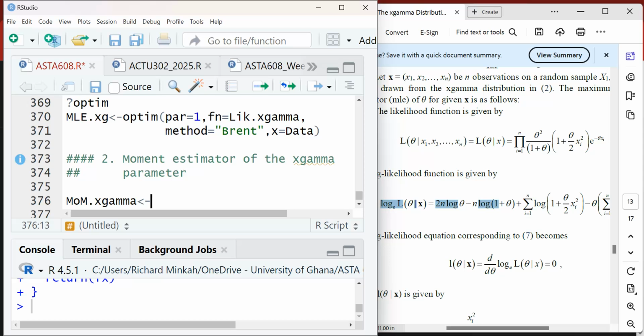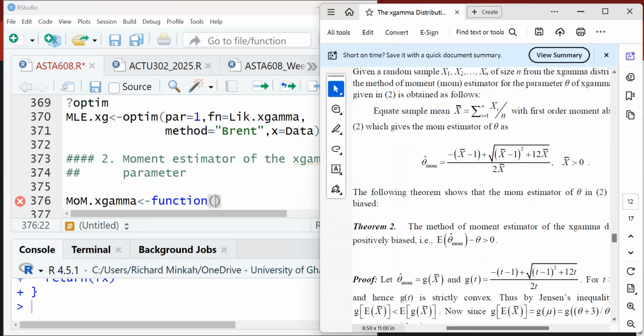That's a function, and we need to go back and check the moment estimator. It equates to so and so with the first order, and the moment estimator of theta is this. So we are going to write a function to compute this. Is everybody okay with this?